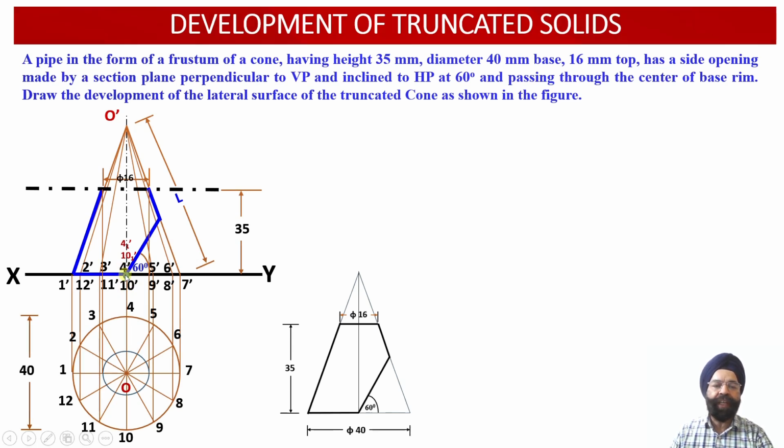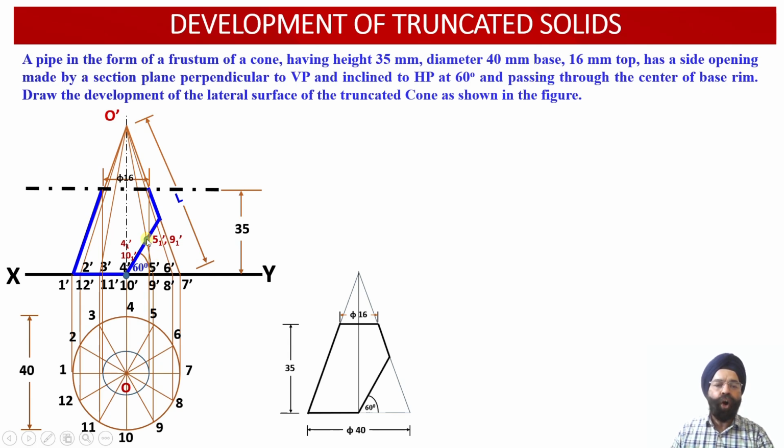The points of intersection can be labeled as 4-1' and 10-1' respectively on the base of this cone. Next, 2 points of intersection lie on the slant generators O5' and O9', which are overlapping with each other in the front view projections.